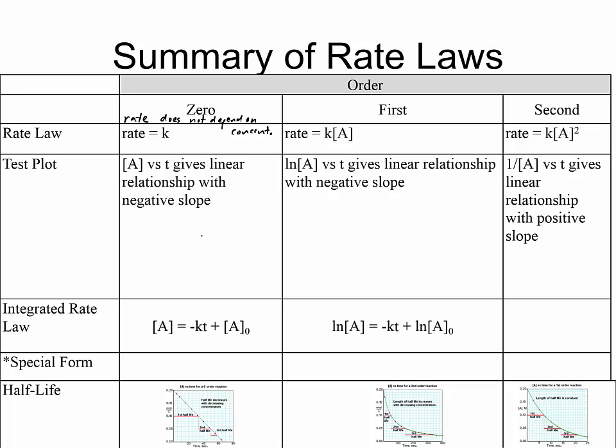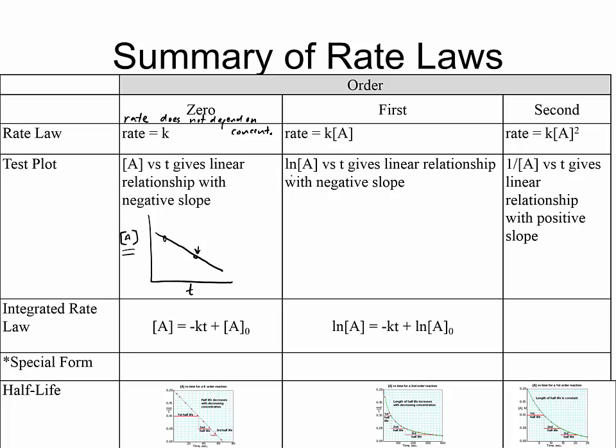So you're going to see that if you plot concentration versus time, the concentration steadily decreases over time, and you'll see a linear relationship. What that means is the amount that you lose from here to here will not depend on how much is left over at this point. That's what that's going to end up meaning.